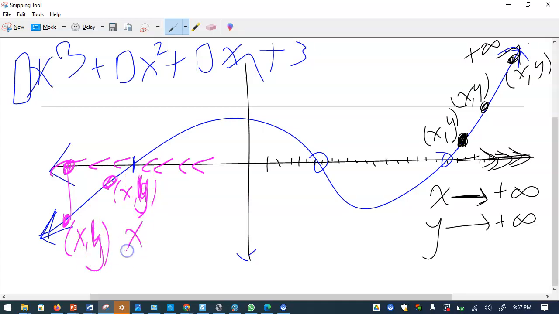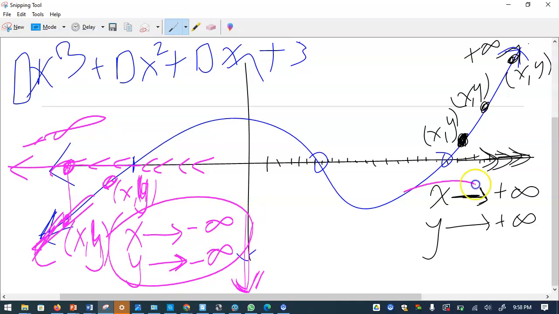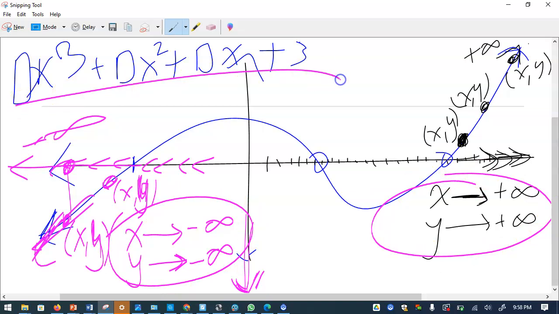So we say, as x goes towards minus infinity, that means x approaches a very large negative number, the output y, which is the dependent variable, goes down. It takes large negative values also. So this becomes minus infinity. This is the understanding of the end behavior for a cubic function.